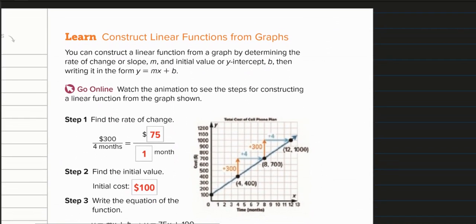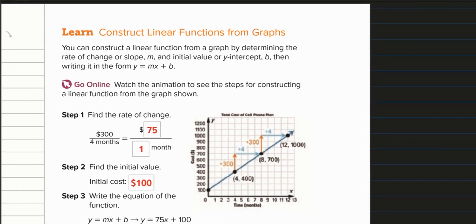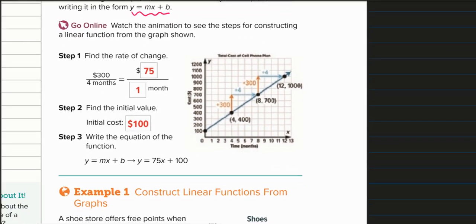So now let's talk about, we're going to construct linear functions from graphs. You construct a linear function from a graph by determining the rate of change, or slope m, and initial value, or y-intercept b, when writing it in the form of y equals mx plus b. So we're going to find our rate of change.